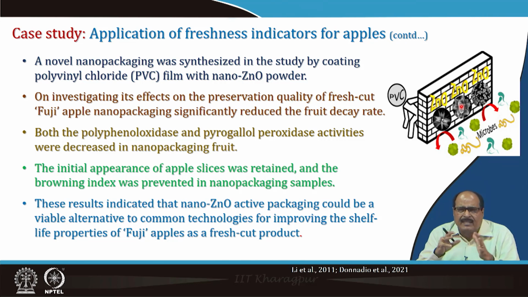So, there are various such similar examples where they use nano science and nanotechnology, nano sensors etc., and they can be used both in the consumer packs or in the large scale retail packs etc. to tell the information about the food.